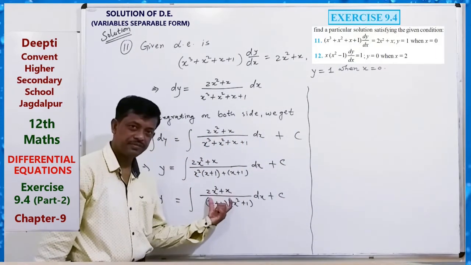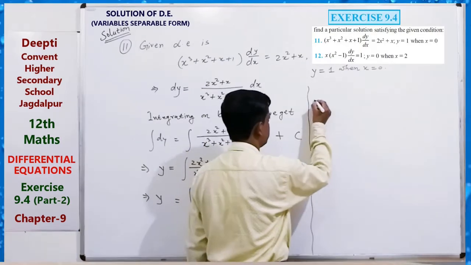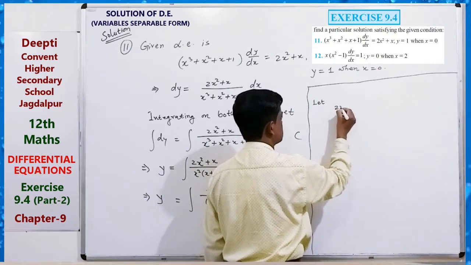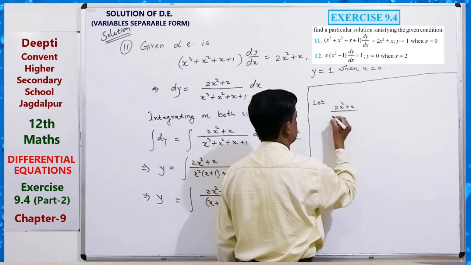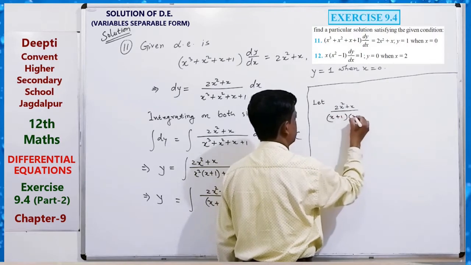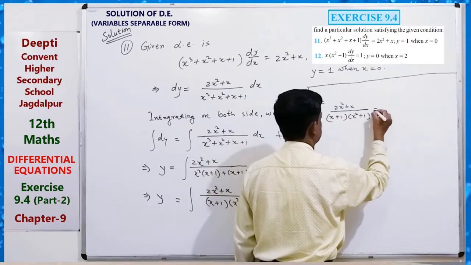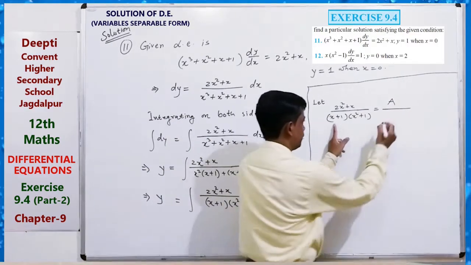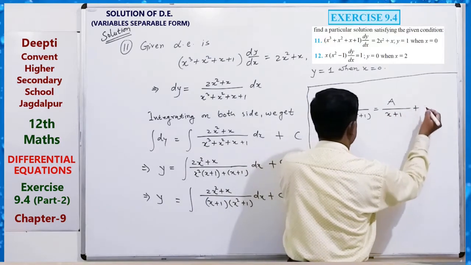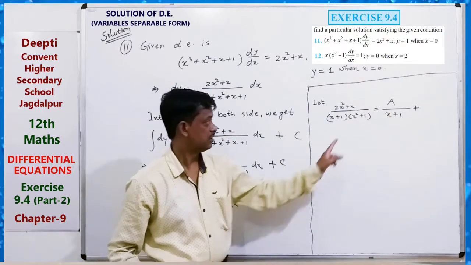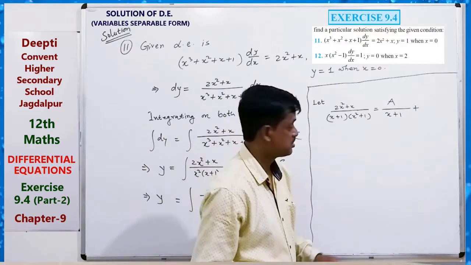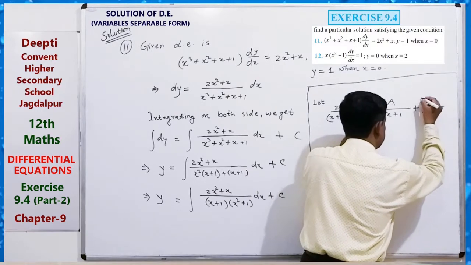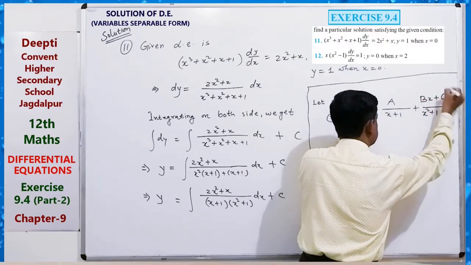Let (2x square plus x) upon (x plus 1)(x square plus 1) equal A upon the linear factor x plus 1, plus a linear factor over x square plus 1, since x square plus 1 cannot be factorized over the reals, so (Bx plus C) upon x square plus 1.